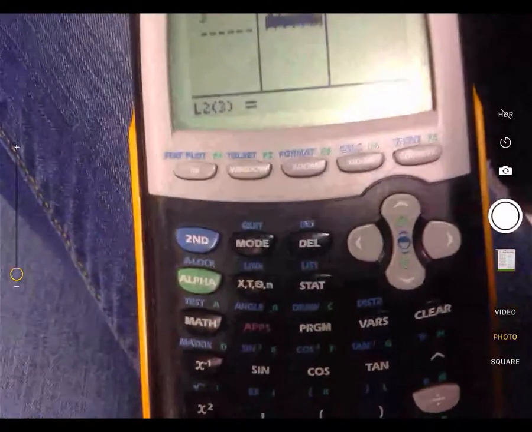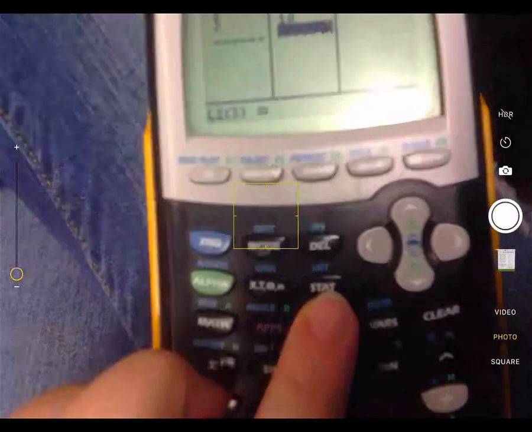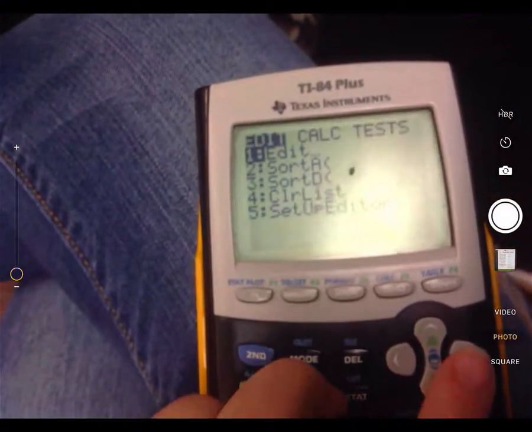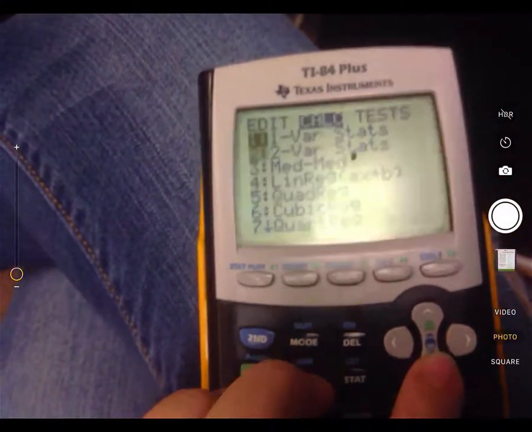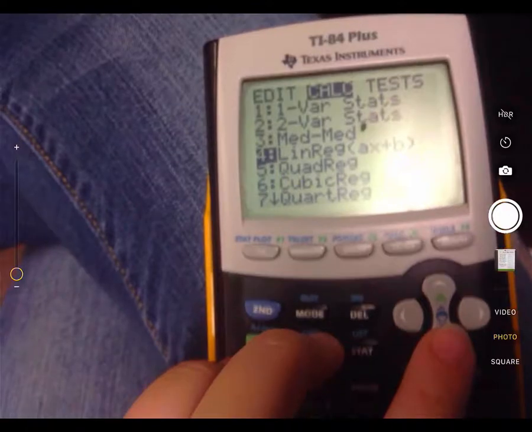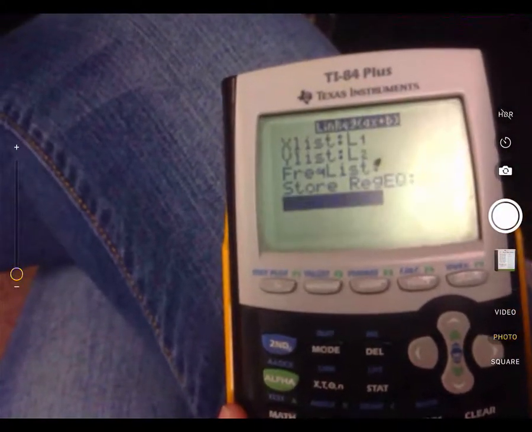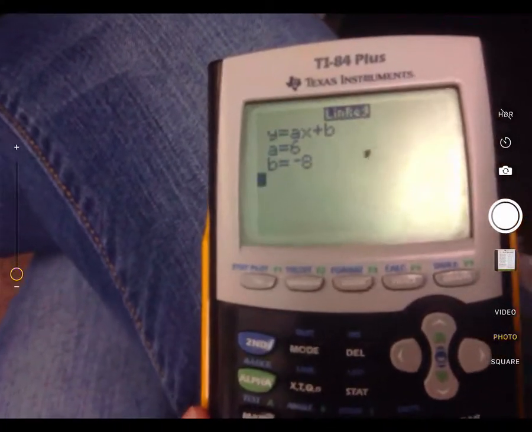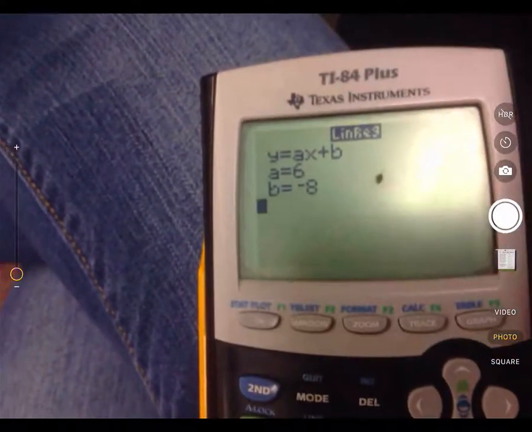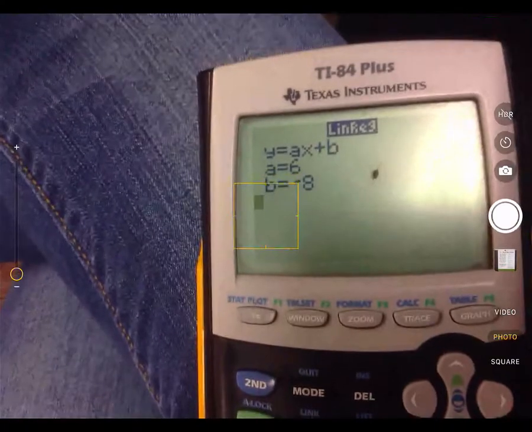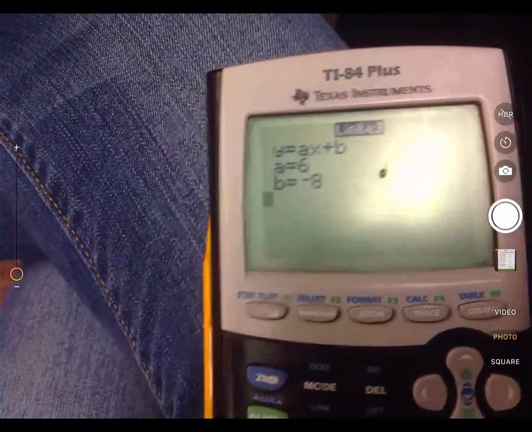Now I'm going to go back to stat. I'm going to scroll over 1 to calc, scroll down to 4, and click enter. And then I just keep clicking enter until this pops up. So they tell me a is 6, b is negative 8, and y equals ax plus b.